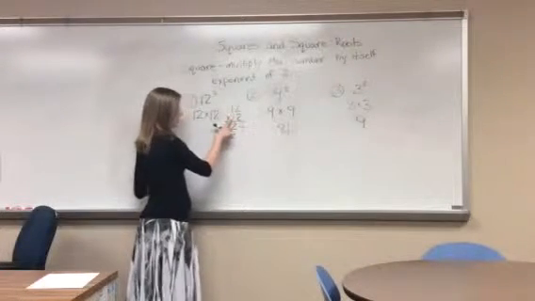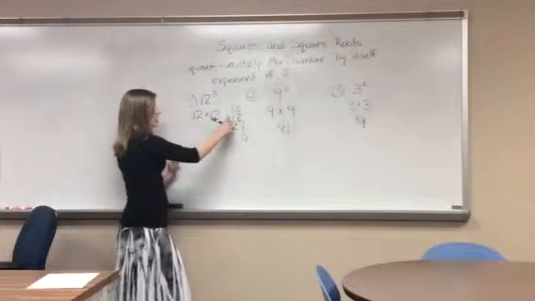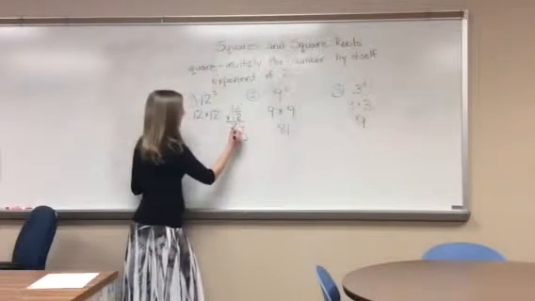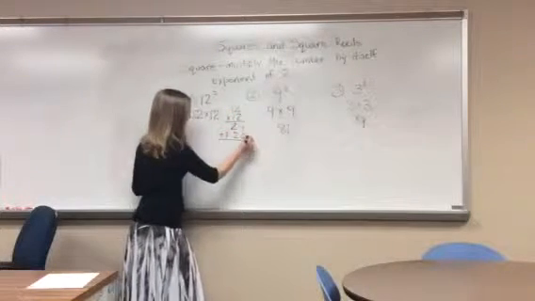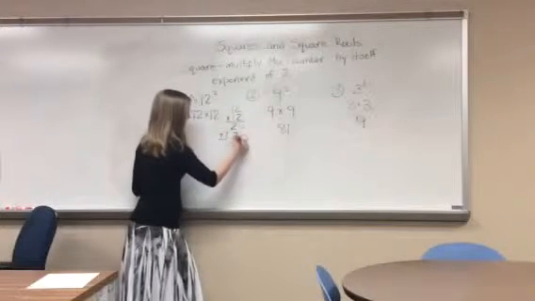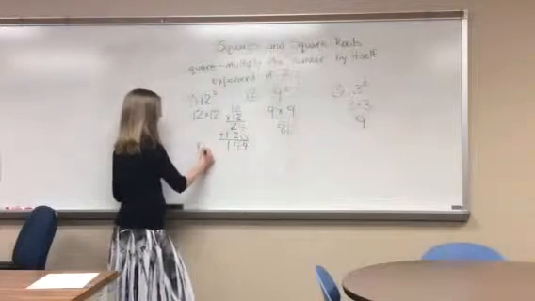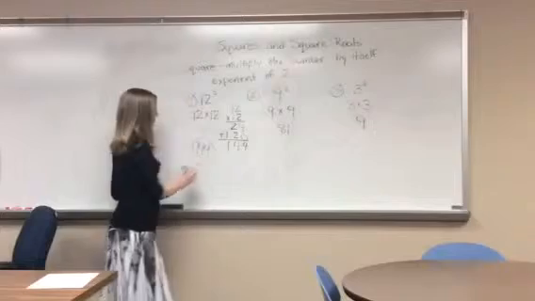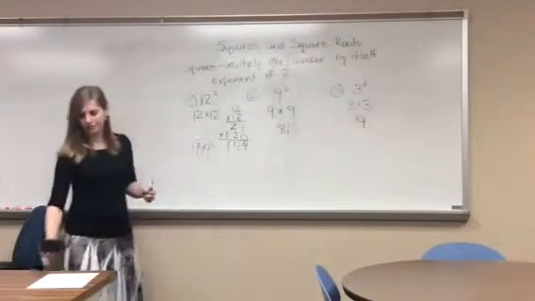When you go to the tens digit, remember to put a 0 as a placeholder. 1 times 2 is 2, and 1 times 1 is 1. Add those together, and we get 4 here, 4 here, and 1 here. So our answer is 144. So 12 squared is 144.